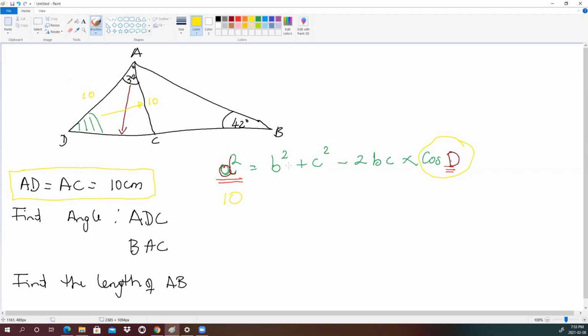We have the two other sides, B and C. We can call this B for argument's sake, and we can call this C, so I have that. And then the side opposite to angle D, no, we don't have that. No, we don't. Same thing, we don't. Yeah. Sorry.